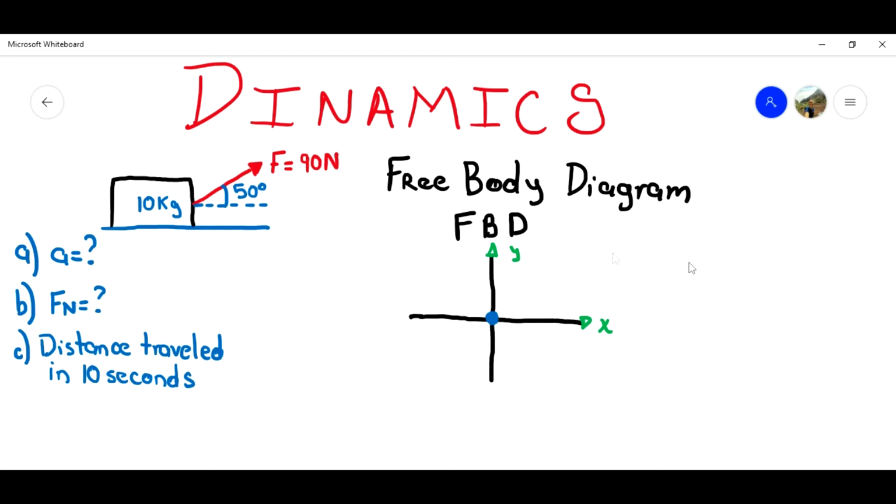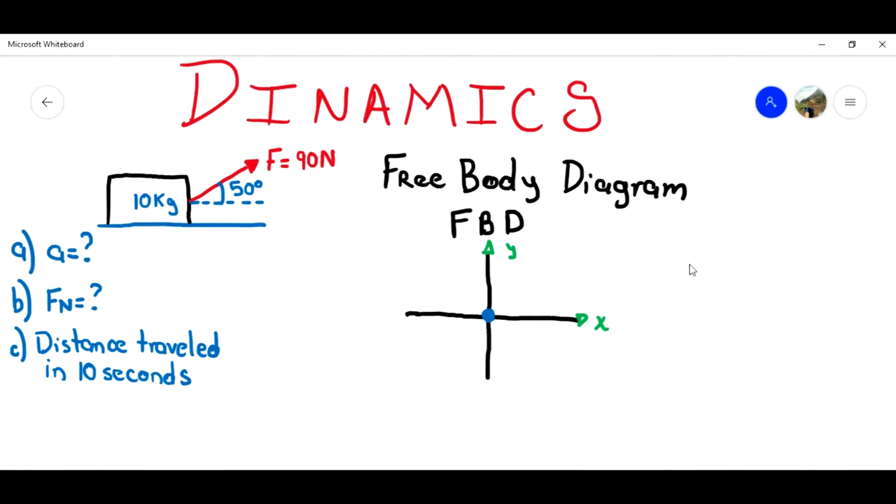If you remember, the weight always points to the center of the earth. In this case, it will be pointing down. So that is the particle. I'm going to draw the weight, and it's pointing down. This is the weight.